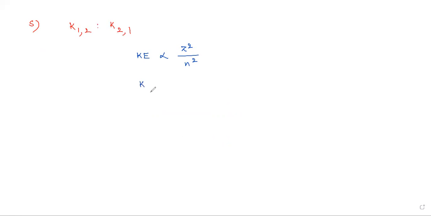Now, kinetic energy of electron in this case can be written as Z square by, no, just a second. Z is 2, so 2 square by N square. In the second case, Z is 1 by 2 square.